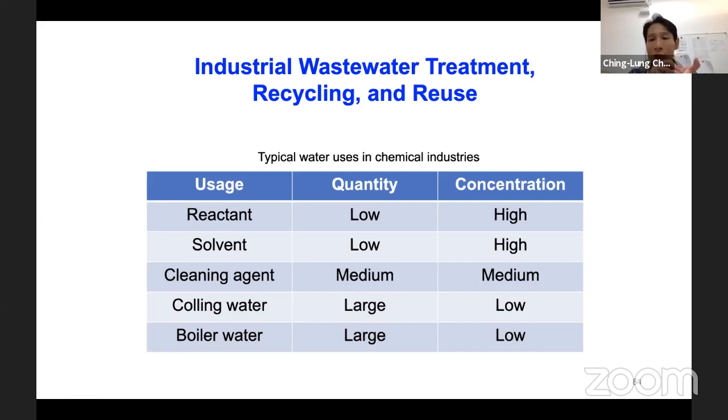They do the etching, so they use a higher concentration of hydrogen fluoride as a reagent. Then there are solvents and cleaning agents, and cooling water. They use lots of water to cool some of the equipment, and also boiler water.